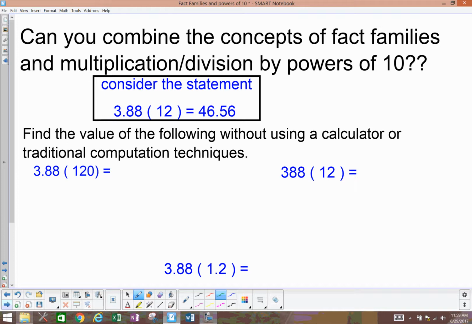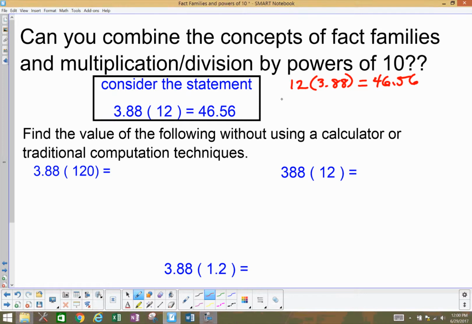Now, I know from my fact families that I could write it the other way. 12 times 3.88 is equal to 46.56. I also know that I can rewrite it as division.